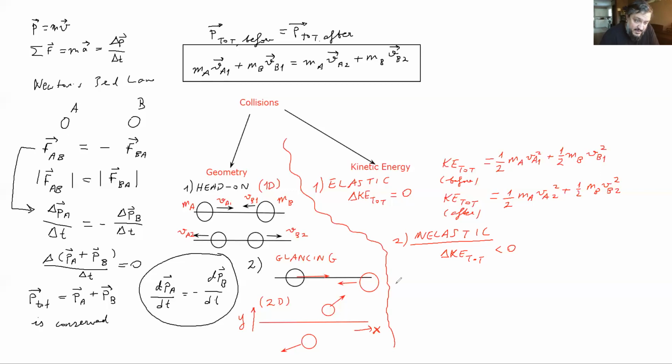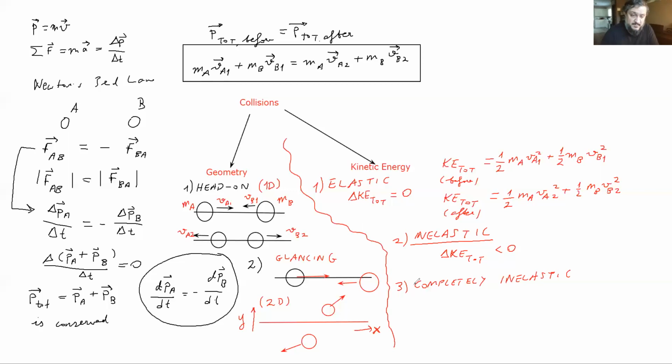And number 3 in this list is completely inelastic, also called perfectly inelastic. So kinetic energy is not conserved, but two objects become one. They stick together, all right?